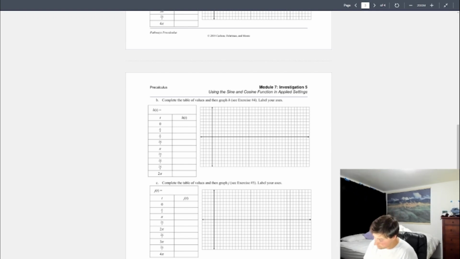Okay. 2 pi, 3 pi over 2, 3 pi. It's interesting how it just changes the increment. 3 pi over 2, and that's 2 pi.